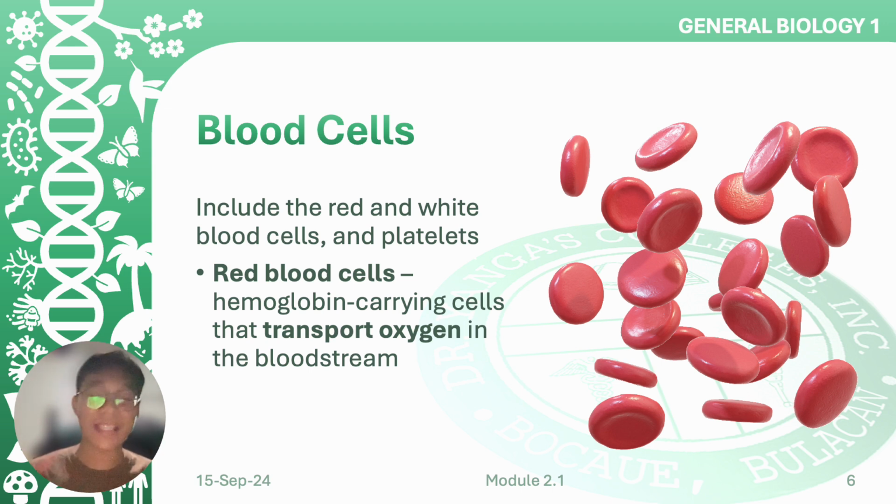At the same time, our red blood cells are capable of carrying that oxygen from the lungs to the rest of the body through our blood vessels. We need to know that oxygen is needed by the body so that we can process energy. Remember the role of the mitochondria.